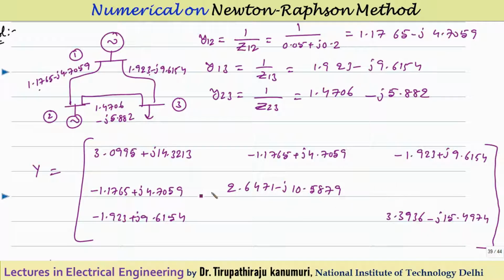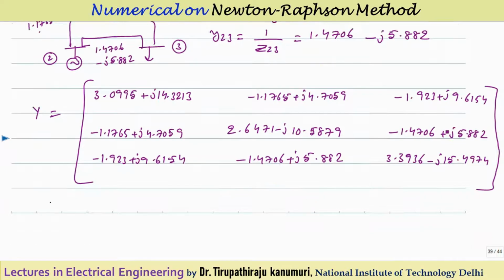Now for the second row, Y23 is required, or Y32. Between 2 and 3 what is connected? Minus 1.4706, minus of minus will become plus j5.882. This also will be the same: minus 1.4706 plus j5.882.